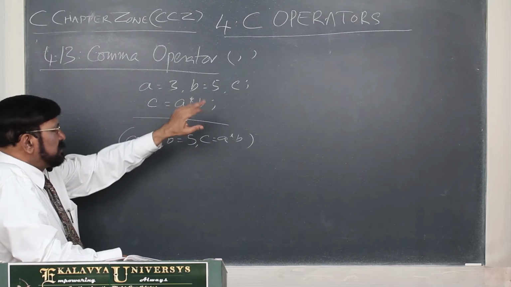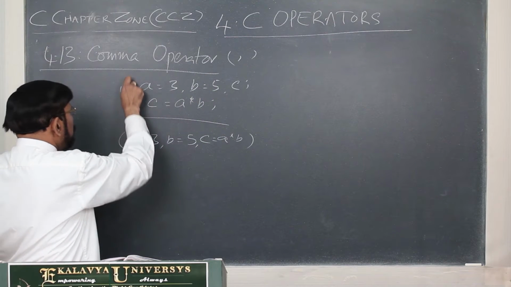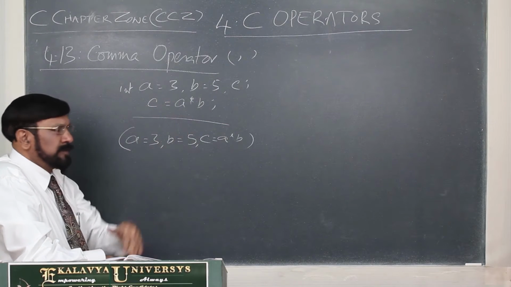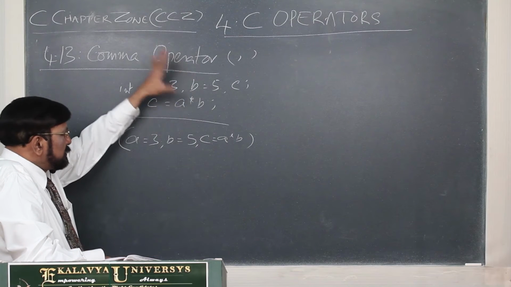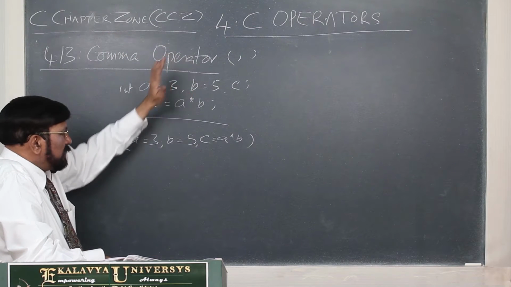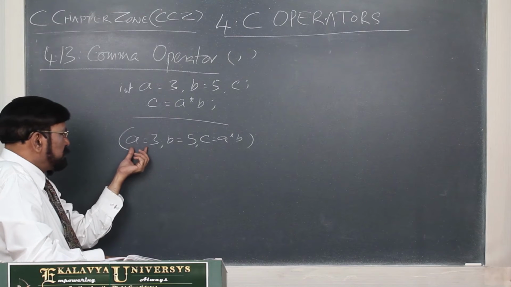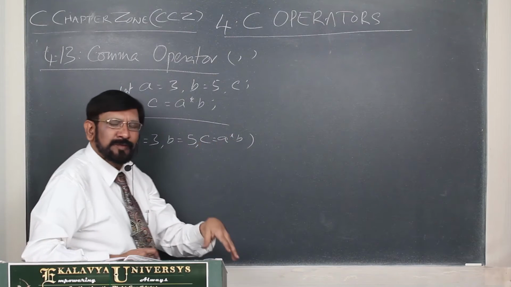Now, here is a simple statement. Normally, you write int a = 3, b = 5, c = a * b. Like that, you write. All this can be written in one line like this: a = 3, b = 5, c = a * b.